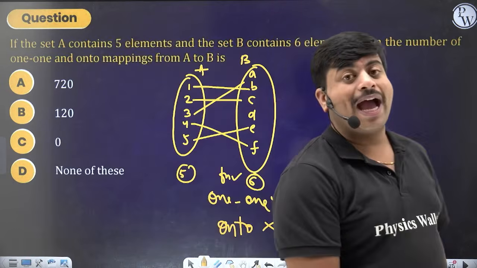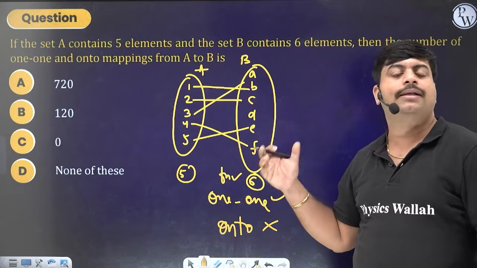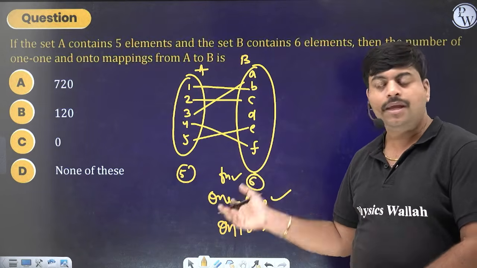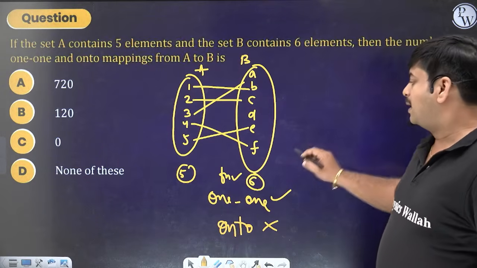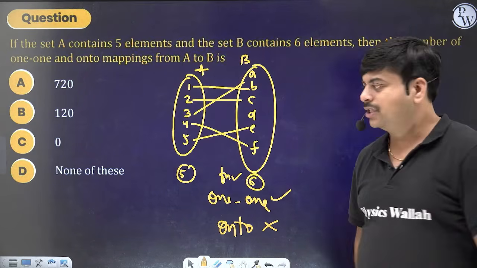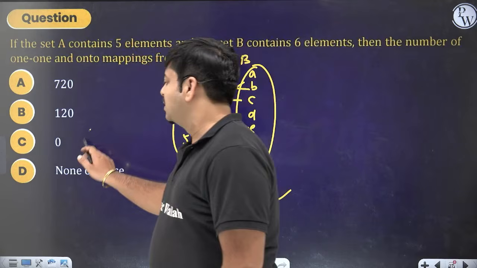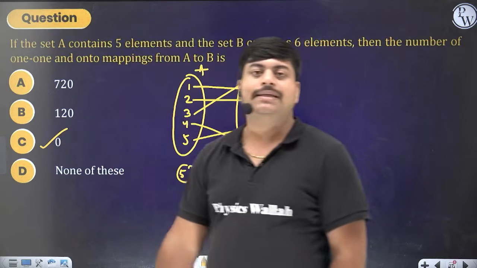Onto means the codomain and the range should be equal, but that's not happening here. So that's the reason we say no 1-1 onto functions, or simply no bijections possible. The answer for that will be 0.